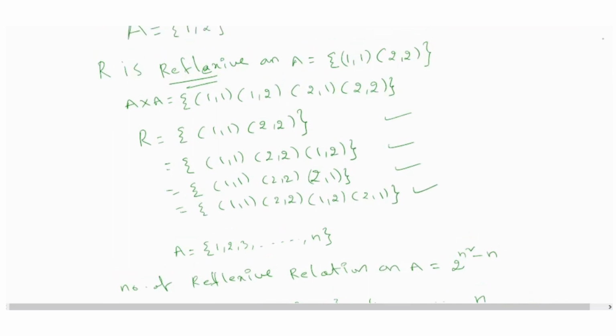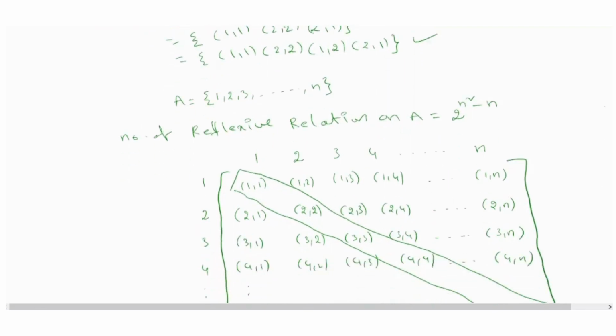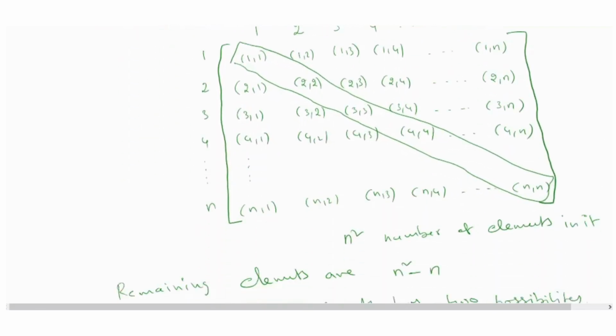We can check with those two elements using the generalized formula, 2 power n square minus n, with n equal to 2. We'll check whether the formula is satisfied.